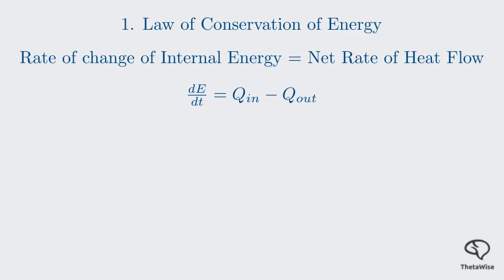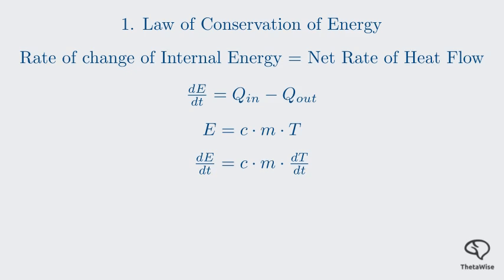Now, how is internal energy related to temperature? For a simple material, the change in internal energy is proportional to the change in temperature. The constant of proportionality is the specific heat capacity, C, which tells us how much energy is needed to raise the temperature of a unit mass by 1 degree. So, the rate of change of energy is C times the mass, m, times the rate of change of temperature, T. Combining these, we get our first piece of the puzzle.